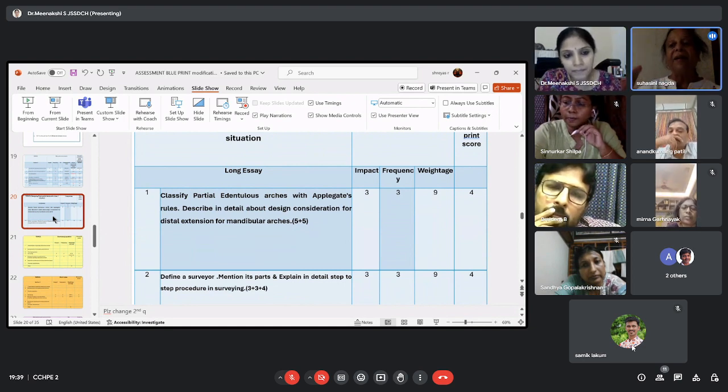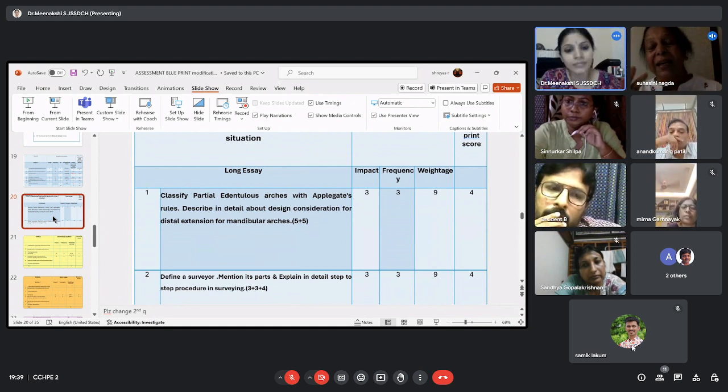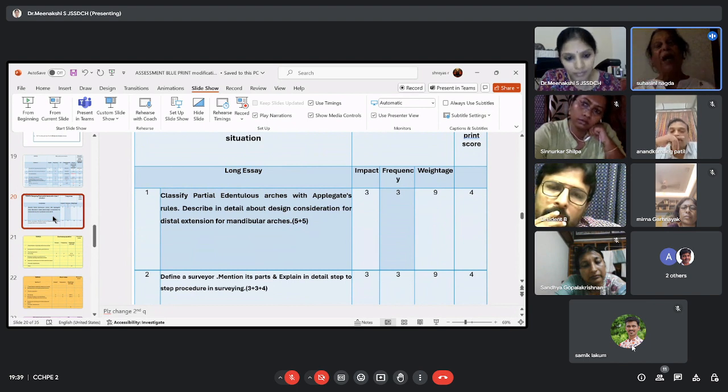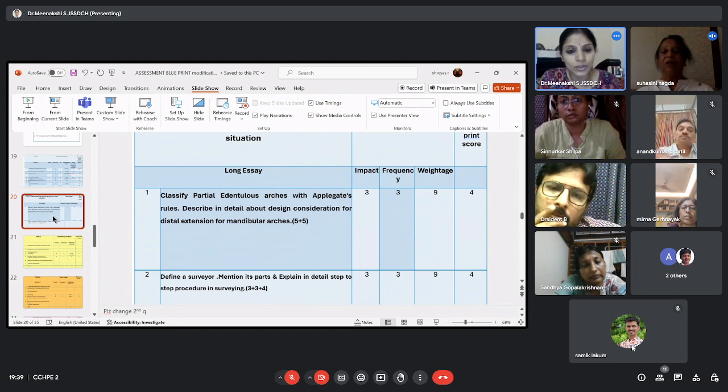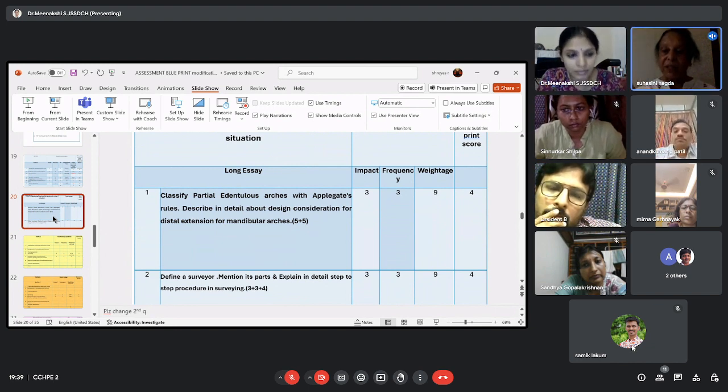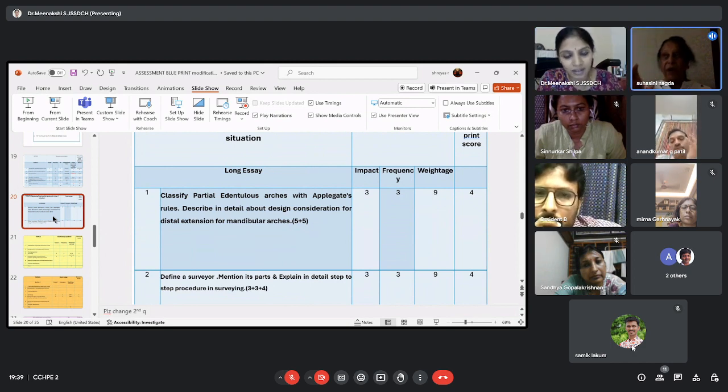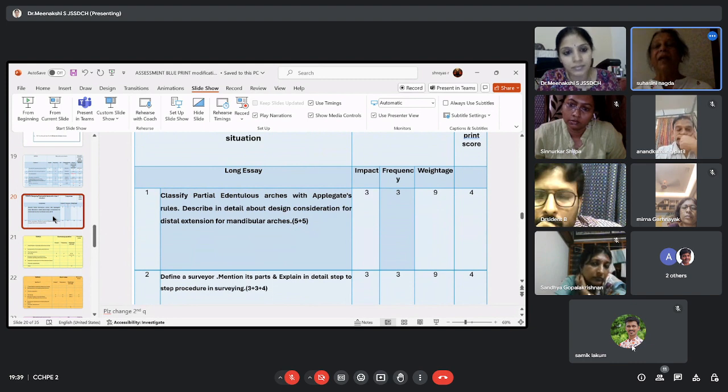But content is the surveyor topic itself. So in content, what do I want to ask? Accordingly, I will construct the question. So the content is the stem of the question, and how it is assessed depends on what verb you use: define, describe, enumerate, compare, analyze.